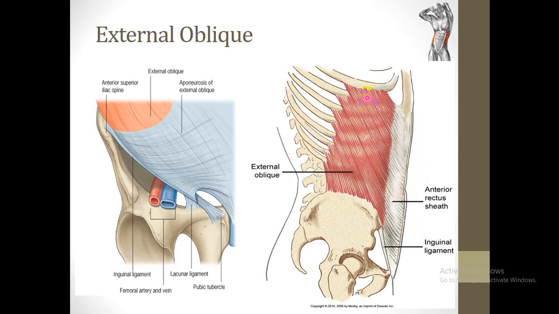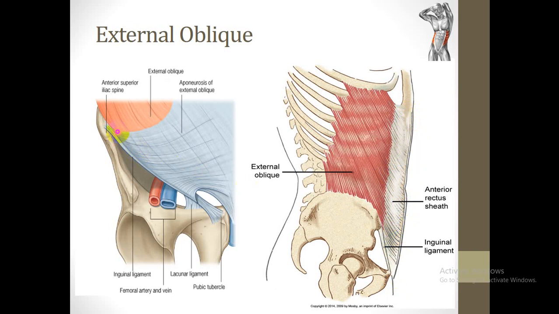When these fibers of the external oblique descend downward and medially until they reach the anterior side of the abdominal wall, they convert into the aponeurosis until they reach the midline. It will join with the other external oblique from the opposite side to form this linea alba.